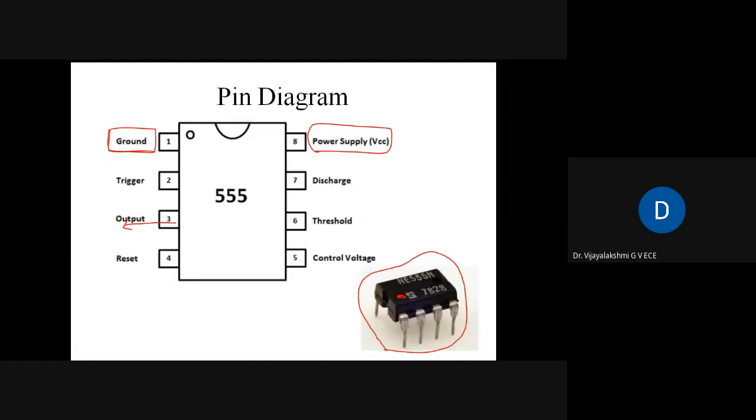Similarly, even here, I'm grounding the first pin, pin number 1, and what power supply this pin requires, I'm giving it to pin 8, and the output from this IC, I'm taking it from pin number 3. Okay, and I'll tell you about the other pins also.